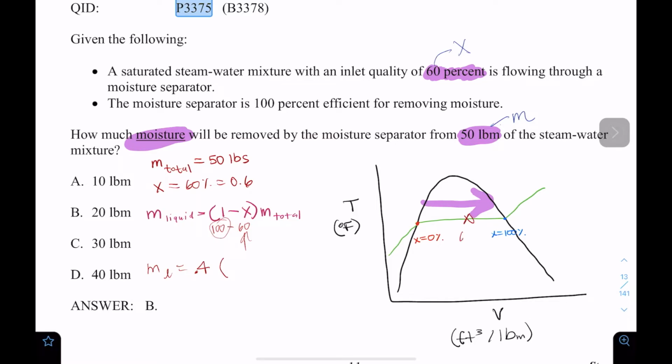Because if I'm 60% here, I still have another 40% in order for me to remove all the moisture. And the total mass is 50 pounds. That's going to give me 20 pounds. And that's basically the amount of liquid that I need to convert to steam to reach my 100%. And the answer is Bravo.